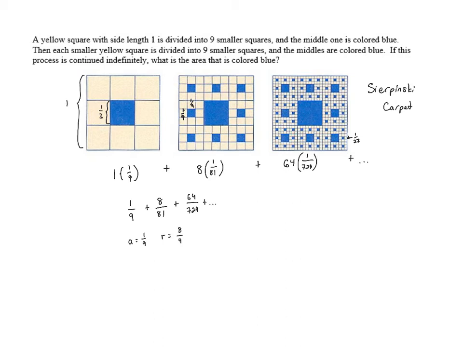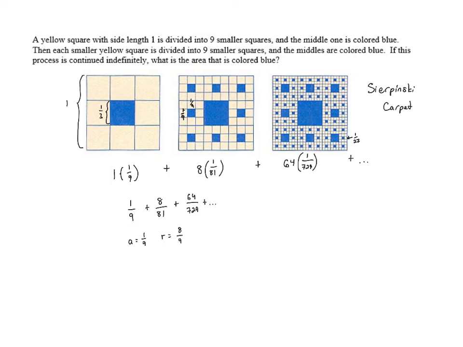And we can see even in the next step, each of these medium blue squares from the second step have 8 smaller blue squares around them. So each time the number of squares that we're adding gets multiplied by 8. And then the denominator is 9, because each time we look at another type of square, the area becomes 1/9 as small, because the side length is 1/3 as small, and 1/3 times 1/3 is 1/9.